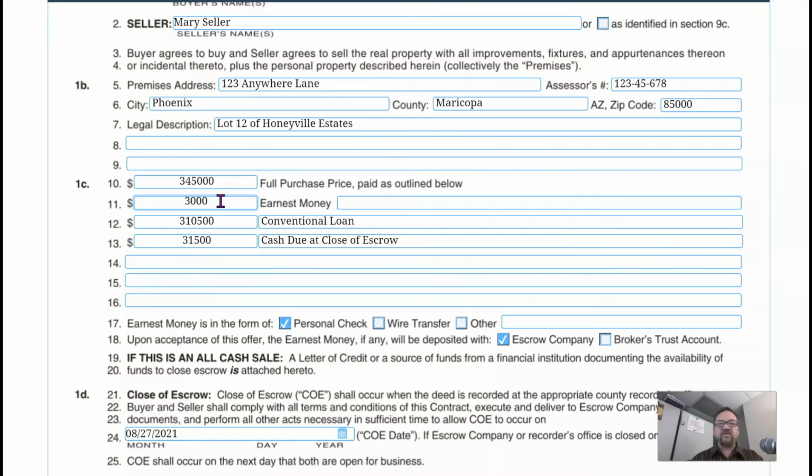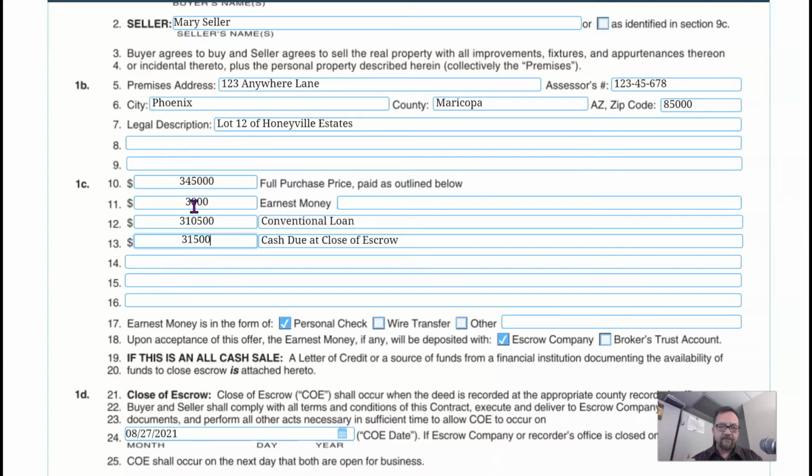You could actually write this where the cash due is a perfect 10%, and all the numbers add up. But when you're writing the offer, you always whip out the calculator, add everything back up, and make sure your numbers work out. And sometimes you'll catch yourself because you were overthinking the issue.